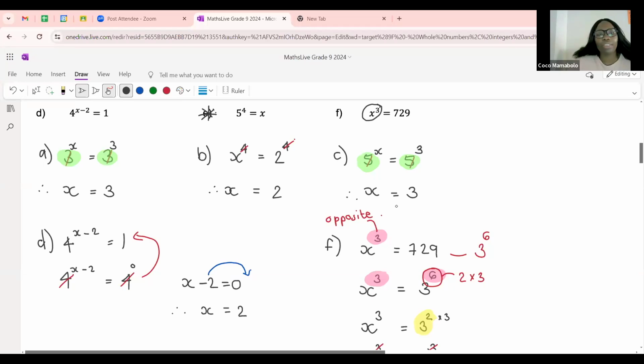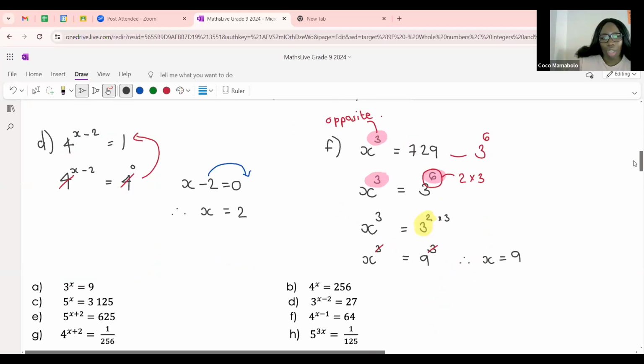All right, I'm going to give you guys some examples to try on your own. Yes? Okay. We're not going to do all of them because, wow, that's a lot. We're going to do A, B, C, and D. When you're done with A, B, C, and D, pop your favorite emoji in the chat.